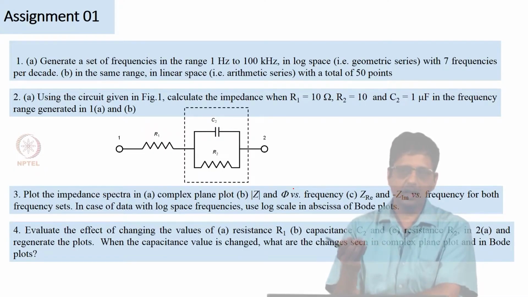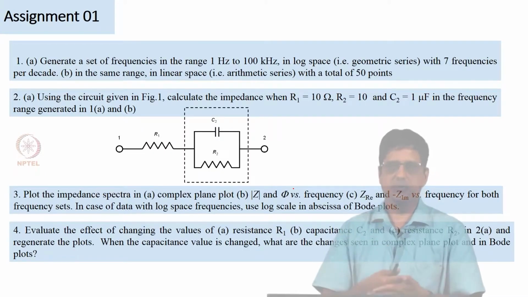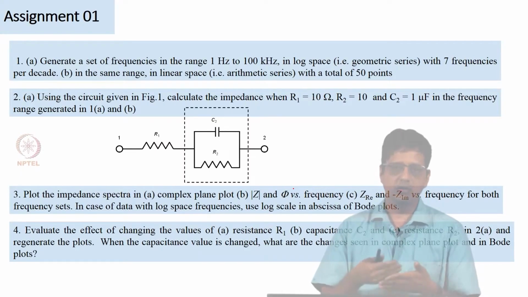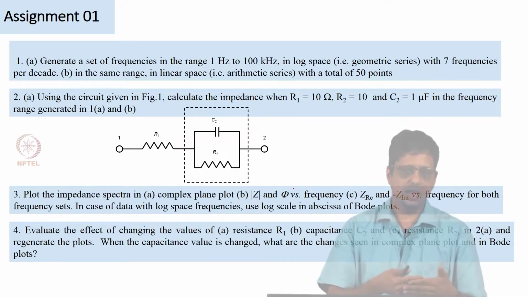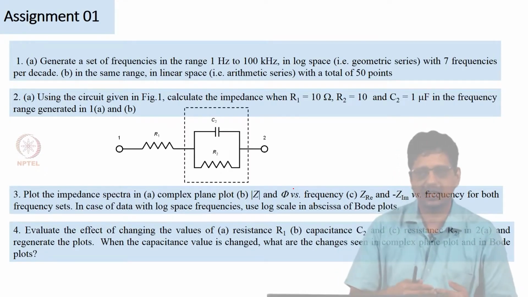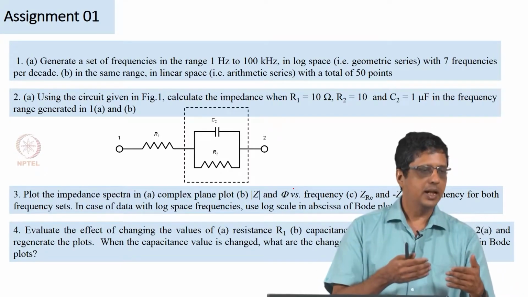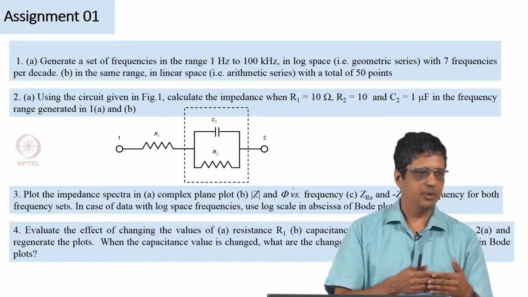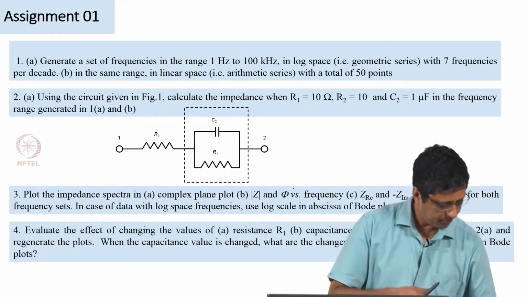And when you compare, if you see certain change in the result, you should be able to think and say this most likely means that this resistance has changed or this capacitance has changed. It will help you get an understanding of the physical phenomena if you have this knowledge.